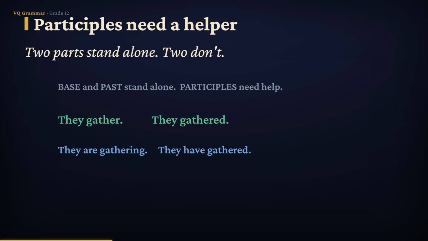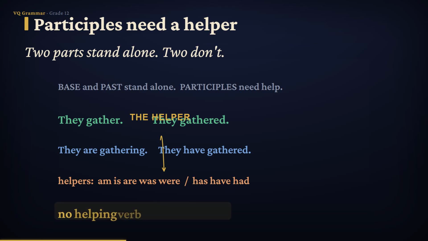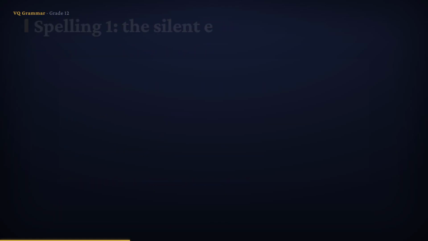They are gathering the papers. They have gathered the papers. And notice, the helping verb is doing real work there. Am, is, are, was, and were carry the present participle, while has, have, and had carry the past participle. So hold on to this. If there's no helping verb sitting in front of it, you don't have a participle doing its job.